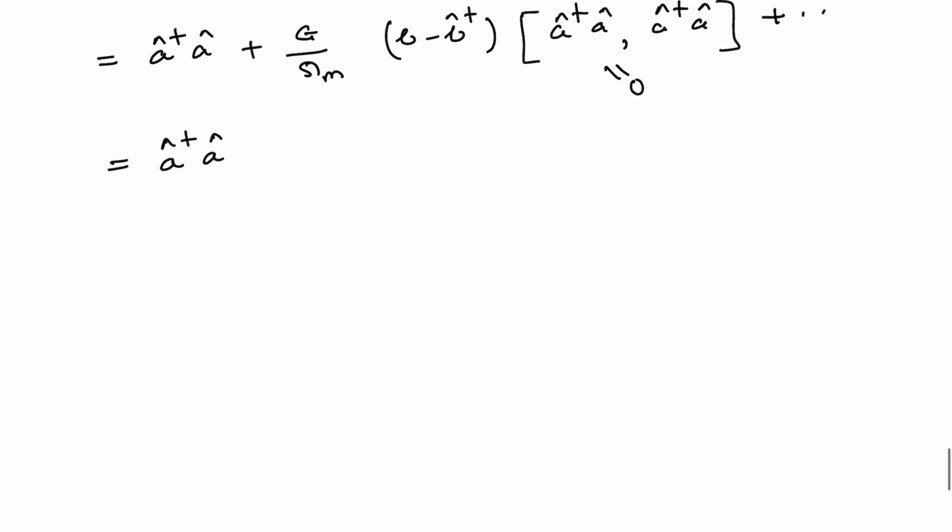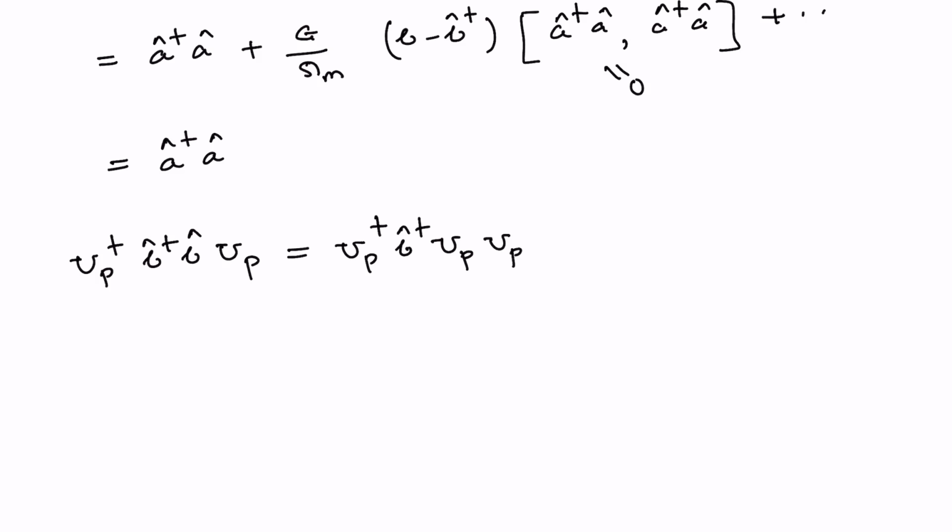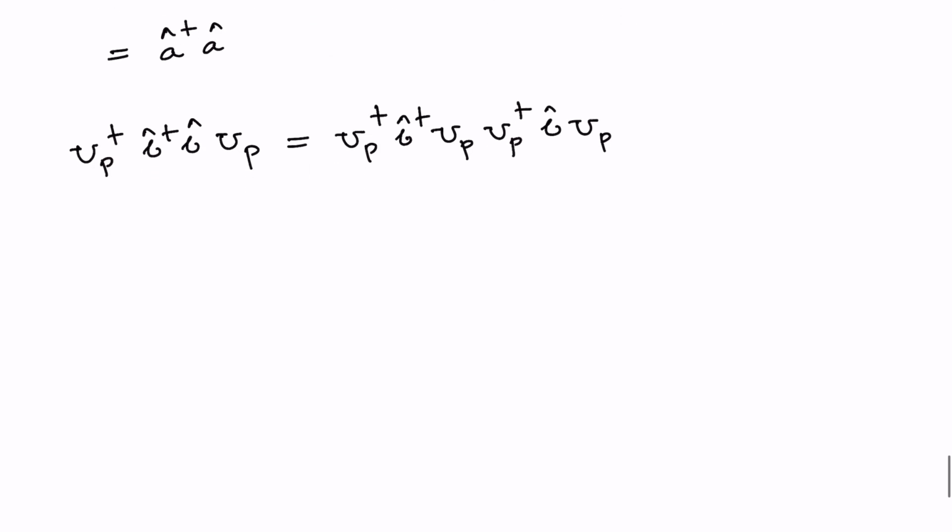Now again you have to find U_P† b†b U_P. This you can write in this form: U_P† b† b U_P, where you can sandwich U_P U_P† between b† and b. Then you are going to have b U_P. Now you can do the calculation in a similar way to what I have done for a†a.